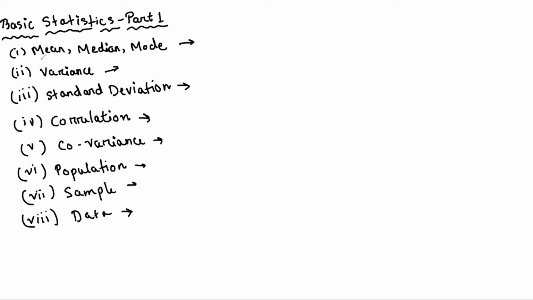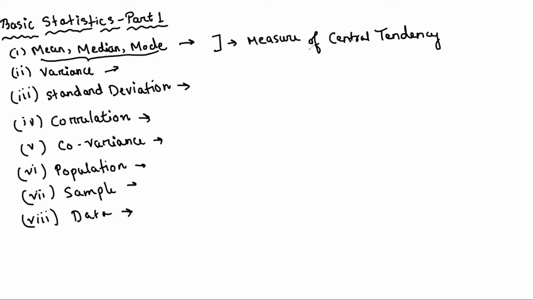These three topics are also called measures of central tendency. I will come to why it is called a measure of central tendency and what central tendency means. For now, just be patient with me, and keep in mind that mean, median, mode are measures of central tendency.